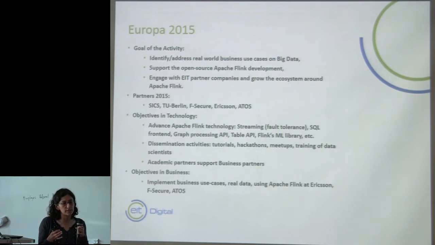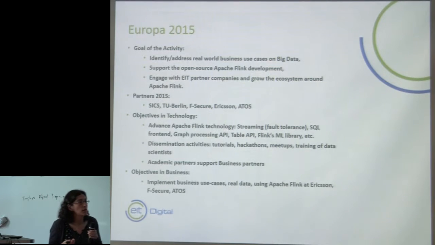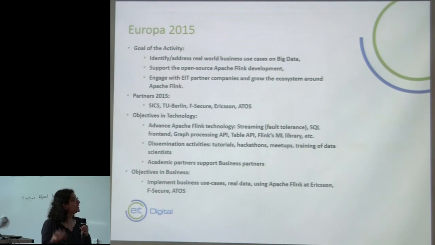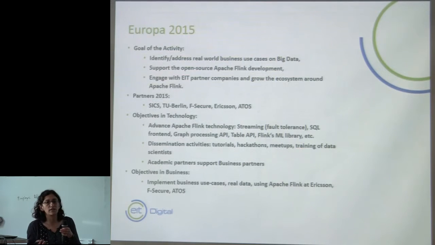The idea is that apart from some technological aspects that are still being implemented on Flink, the academic partners support the business partners in developing some business use cases. And the important thing here is that in these business use cases we use real data, so it's a real problem that we are trying to solve.